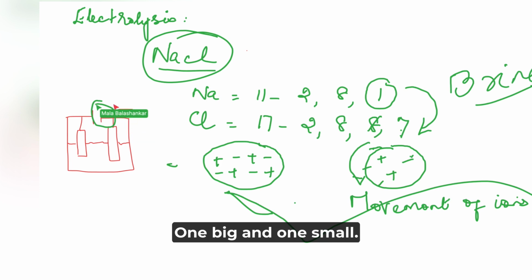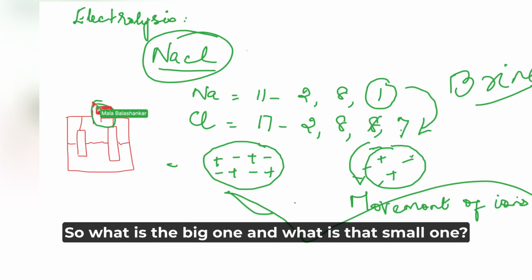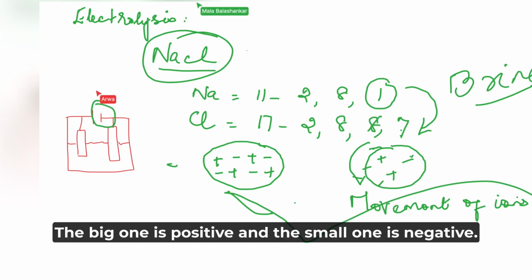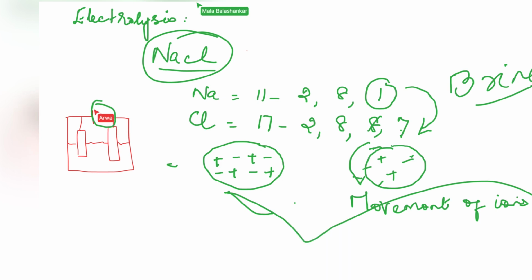One big and one small. So what is the big one and what is the small one? The big one is positive and the small one is negative. Very good.